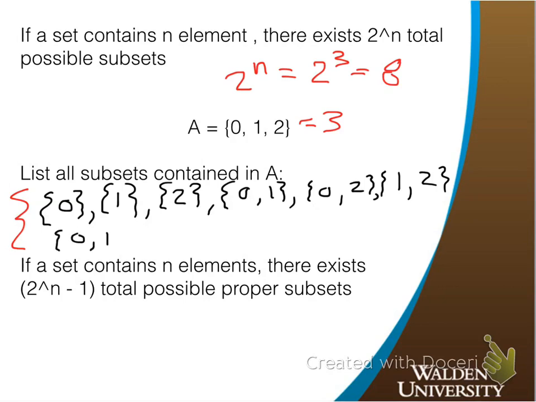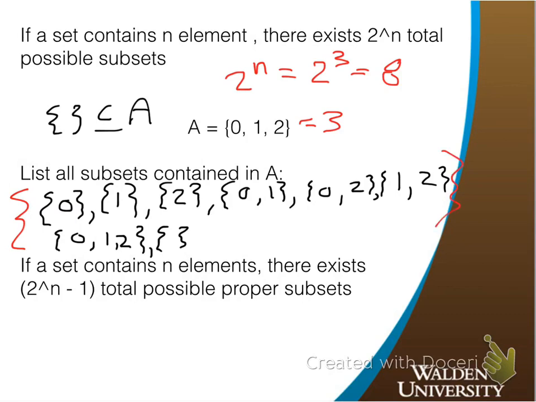The set itself is a subset of itself, so {0, 1, 2} there. And if you look at it right now, we have 7 sets. One thing to note is that the empty set is actually included in the list of all the subsets because the empty set is a subset of A. And we'll close that off with some more red brackets over here.